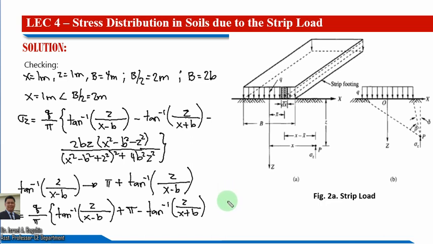Okay, and we have now this term minus 2bz times x squared minus b squared minus z squared, all over x squared minus b squared plus z squared, raised to the power of 2, plus 4b squared z squared.